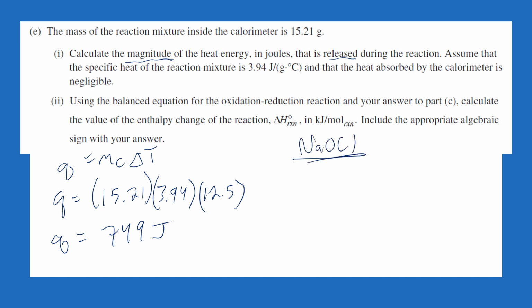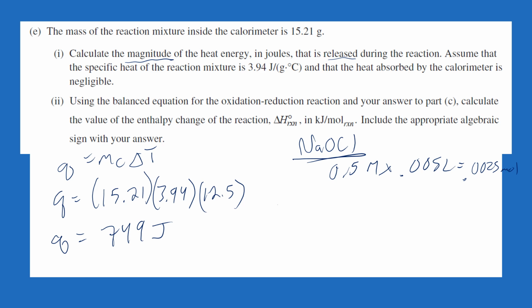So we need to use what we know about the NaOCl to help us calculate. Now, in the data table on the previous slide, it was 0.5 molar concentration and 5 milliliters, so 0.005 liters. So that means I have 0.0025 moles of that substance.